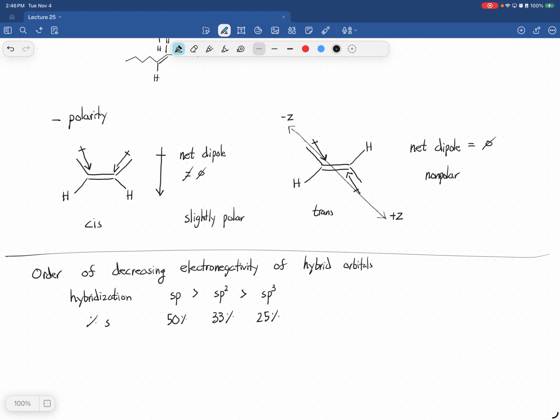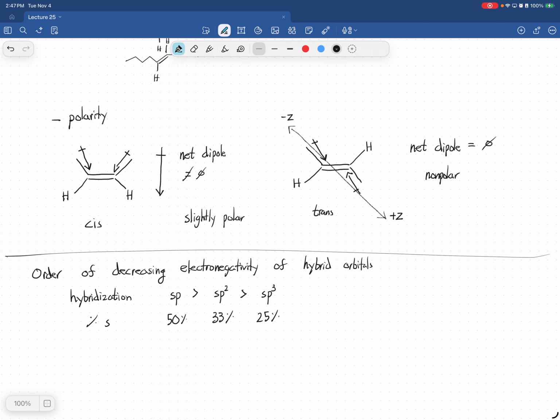So remember here, the more S character you have, that means it's more spherical. And if you occupy that orbital, electrons will be closer to the nucleus. So if you have a negative charge and it's closer to the nucleus, what can we say about that ion? Is it more stable or is it less stable? You have a negative charge closer to the nucleus, which is positively charged.